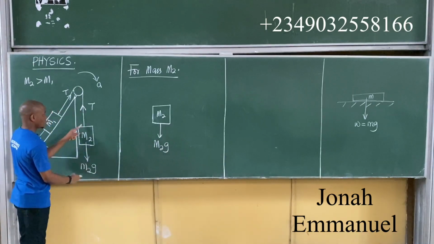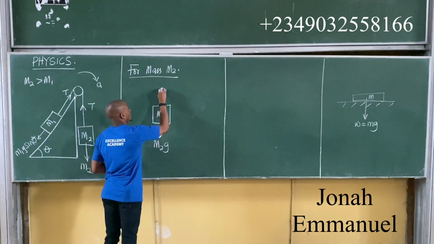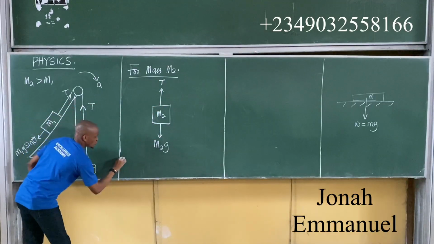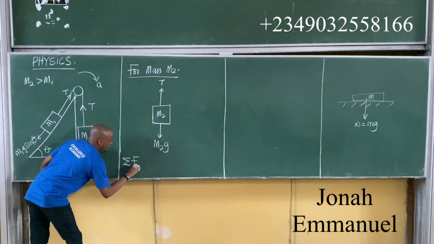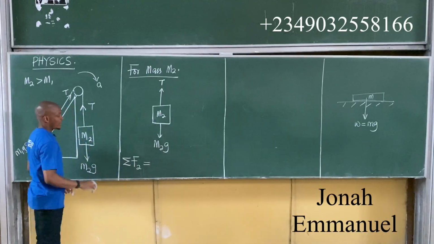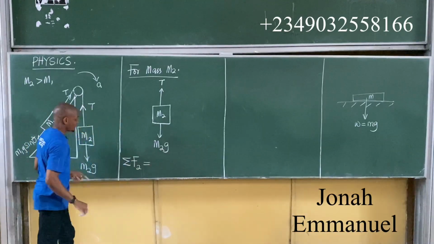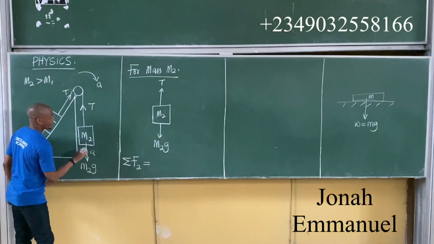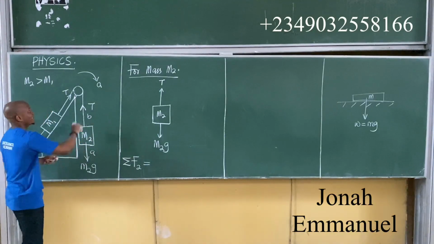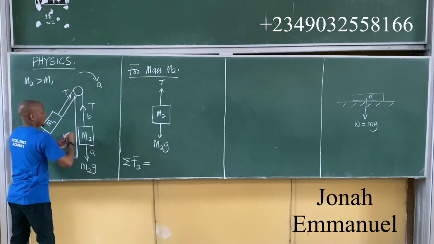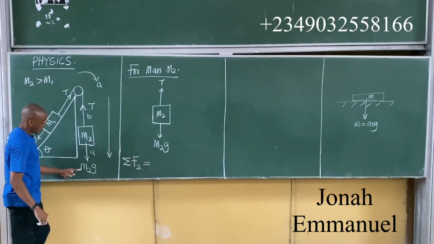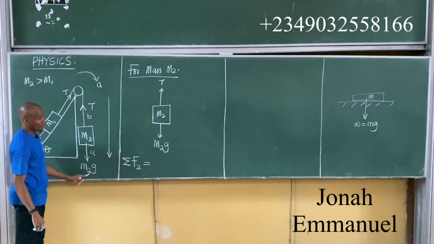The one going up is T. The question is, let's get the sum of forces F2. Let's call this A, let's call this B. This one is moving downwards.